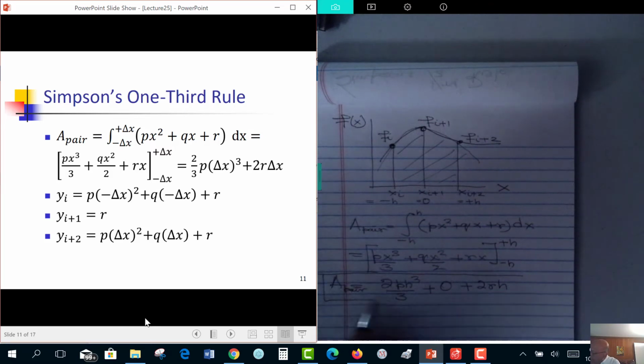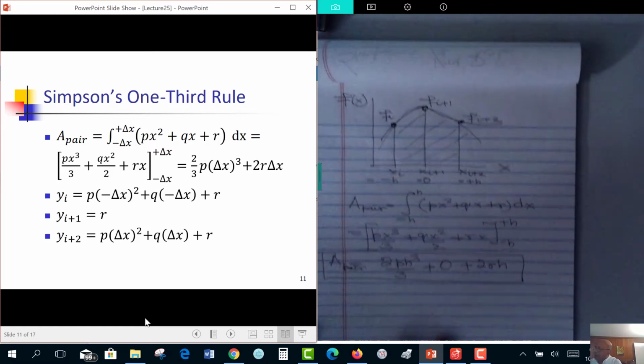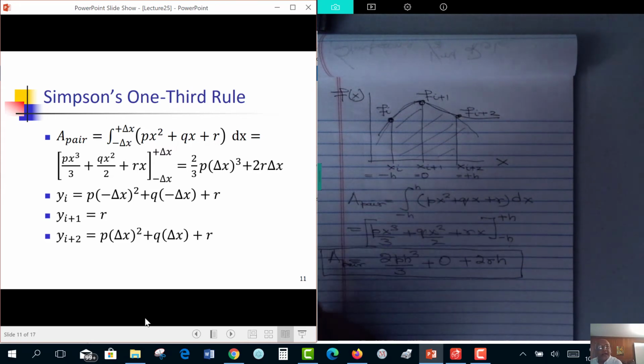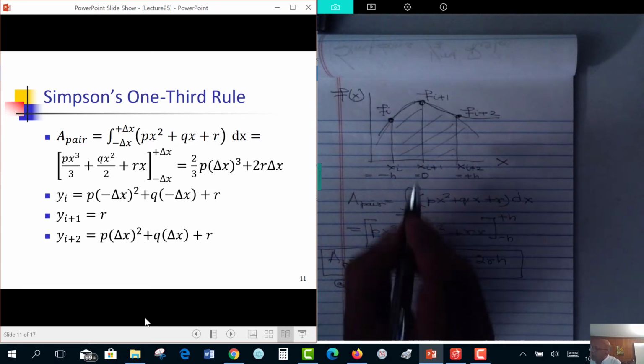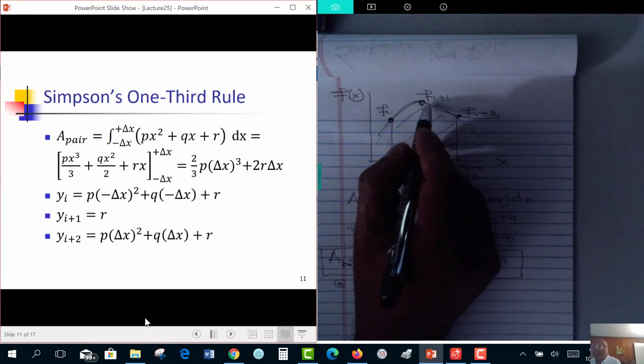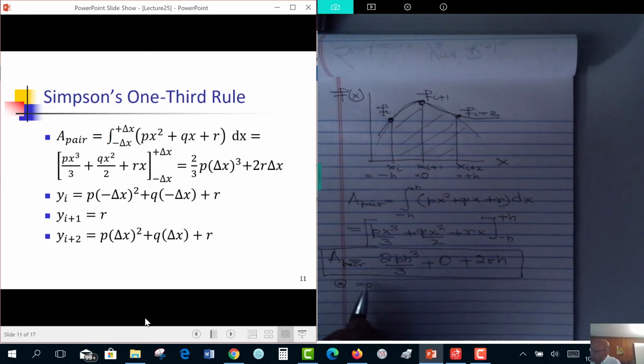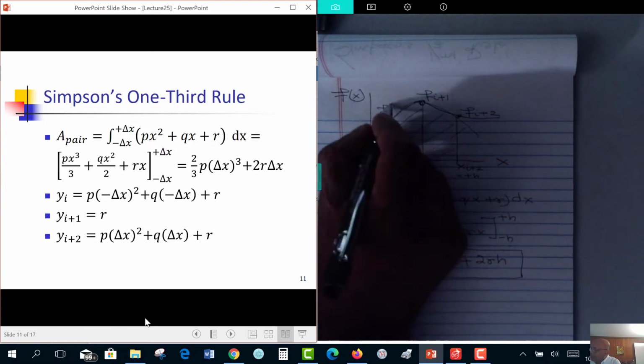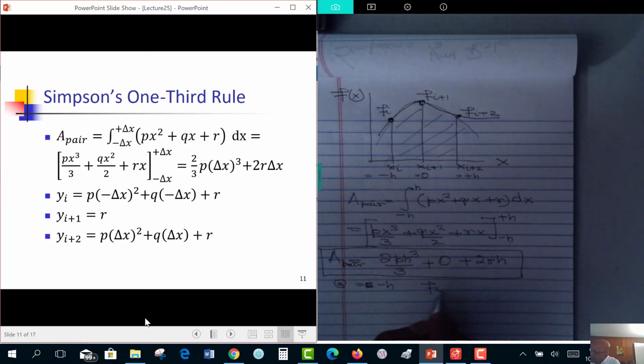Now let's fit our parabola. So we know at x is equal to 0, our parabola evaluates to fi plus 1. Let's take minus h first. Our parabola evaluates to fi. So we'll say fi is, we'll put in minus h, so we'll get ph squared minus qh plus r.